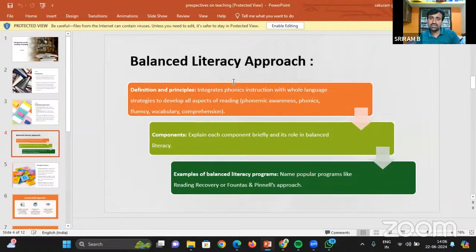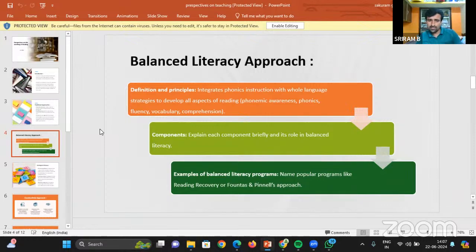What is this balanced literacy approach? Quickly read it out. Balanced literacy approach. Definition and principles: integrates phonics instruction with whole language strategies to develop all aspects of reading, phonemic awareness, phonics, fluency, vocabulary, comprehension.